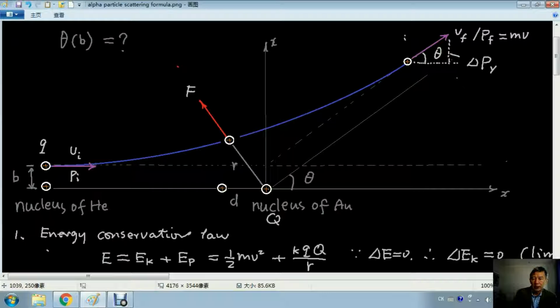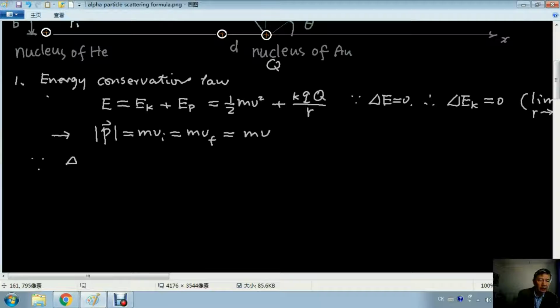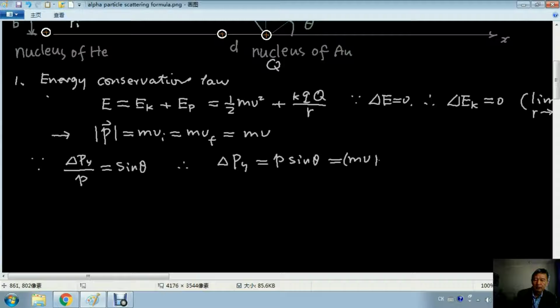From this triangle, we can obtain this simple relation, that is, delta p y component over p will equal sine theta. Therefore, we can argue that delta p y will equal p times sine theta, or equal m v times sine theta. This is our equation 1.